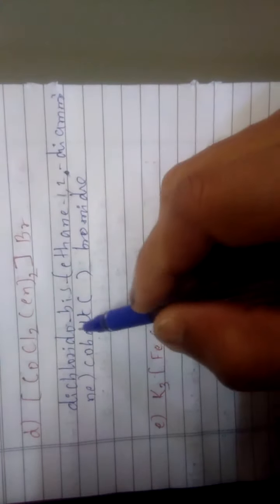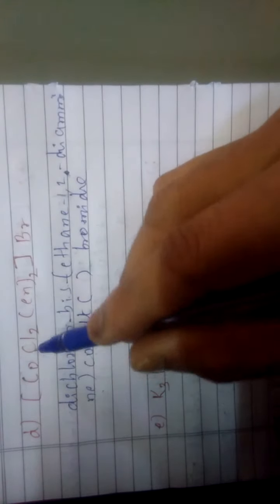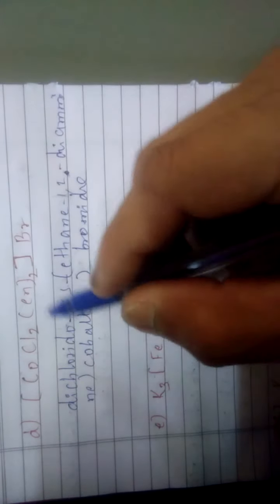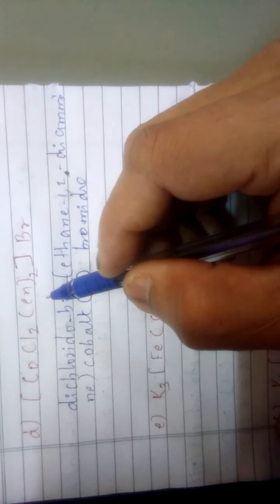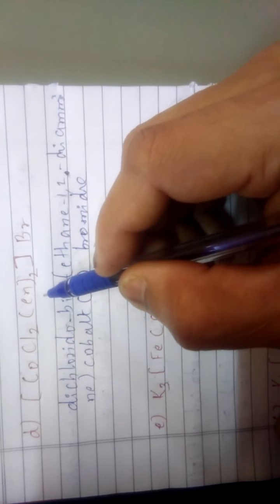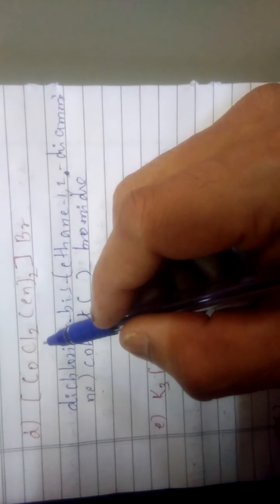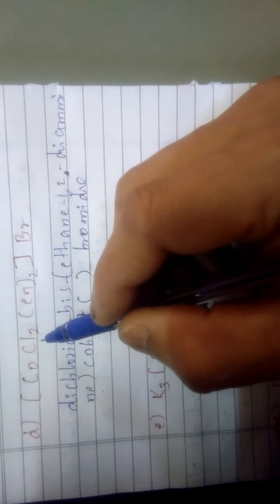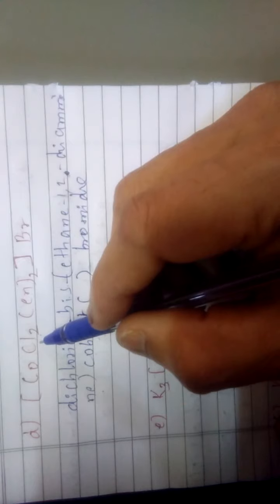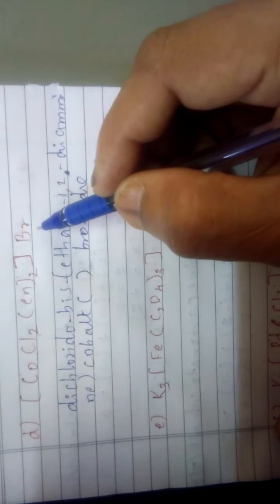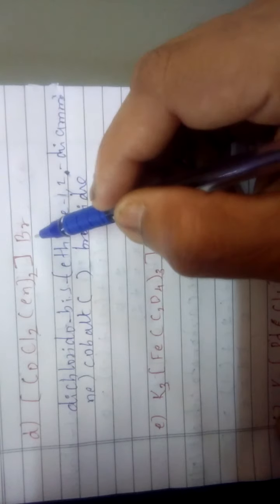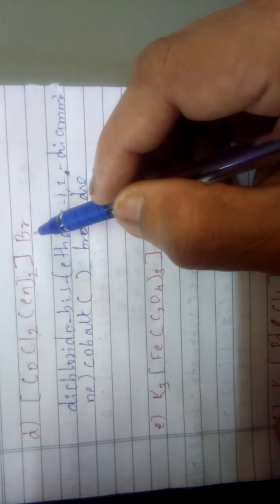Okay, so now calculate the oxidation state of the central metal ion. Here ethane-1,2-diamine is a neutral ligand, so it possesses 0 charge, and chlorides are there, -1 charge, 2 into -1, it is 2 negative charges, plus -1 charge outside the complex ion. So totally you will get 3 negative charges.